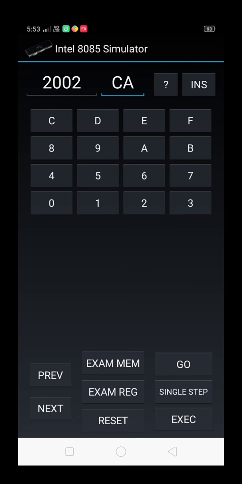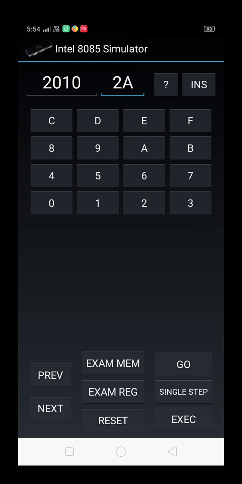Next is 50, next 20, next 47, next 3A, next 51, next 20, next 0E, next 00, next B8, next DA, next 12, next 20, next 90, next 0C, next C3.